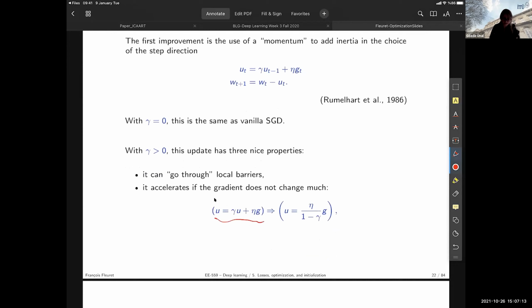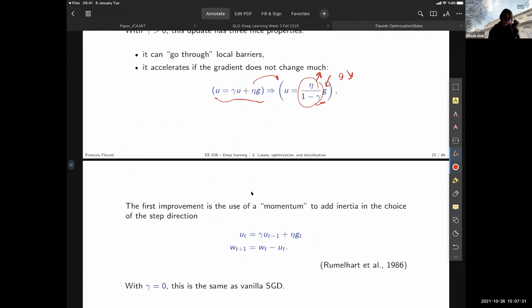From here, you can solve for u in terms of g, even if g is very small. If gamma is between 0 and 1, this term can be large. It can give a push to the gradients. So that's a plus, for instance.